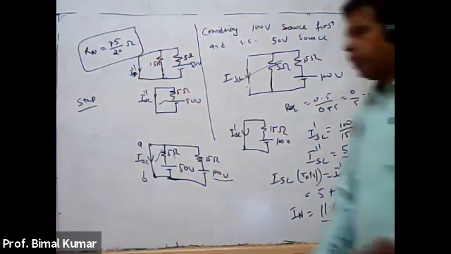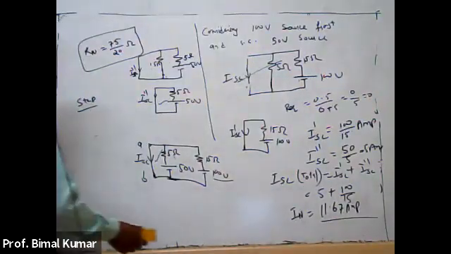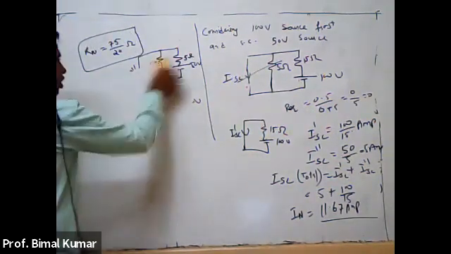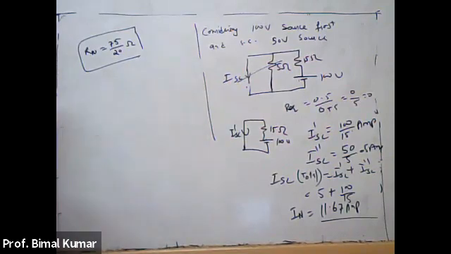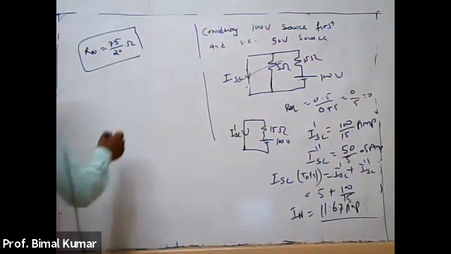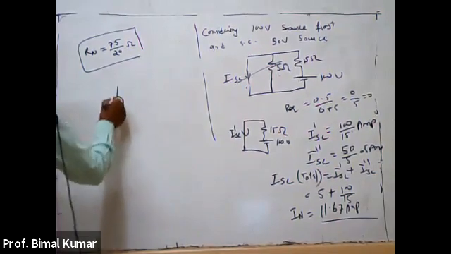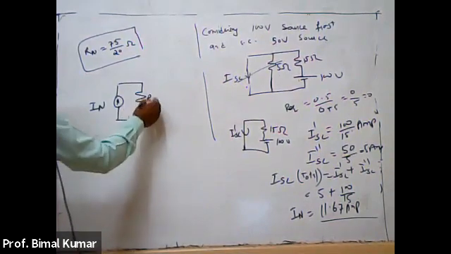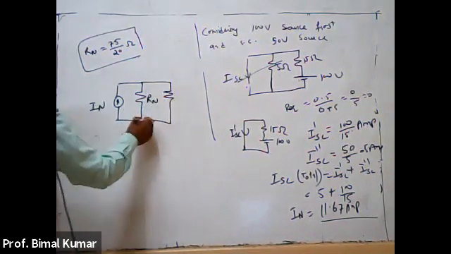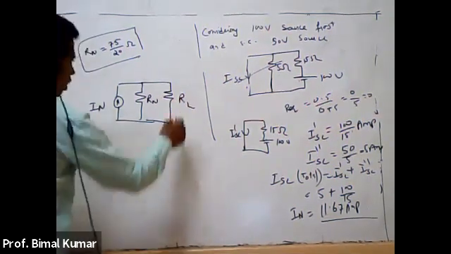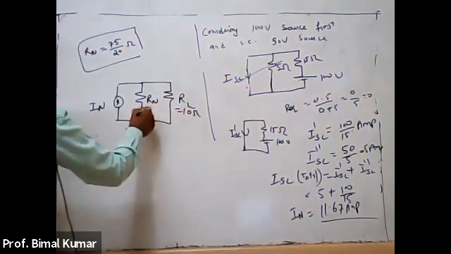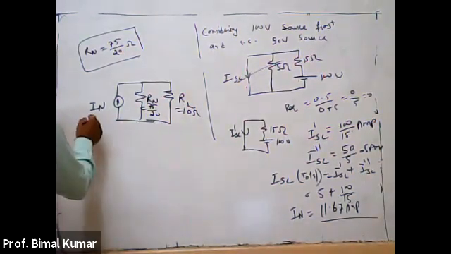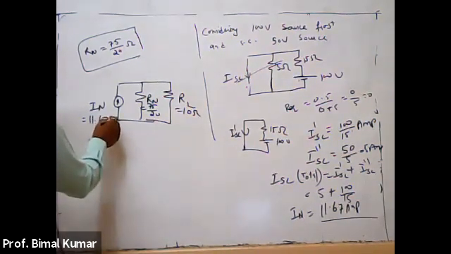Now in the next step, make the Thevenin equivalent or Norton equivalent circuit. Make the Norton equivalent circuit, right? And the Norton equivalent circuit will consist of 3 elements. One is IN, second is RTH or RN, and third is your RL, right? So RL is equal to 10 ohm, RN is equal to 75 by 20 ohm, and IN is equal to 11.67 ampere, right?